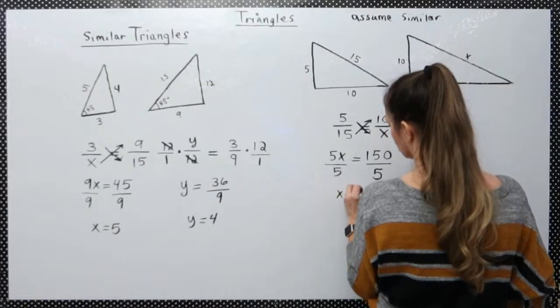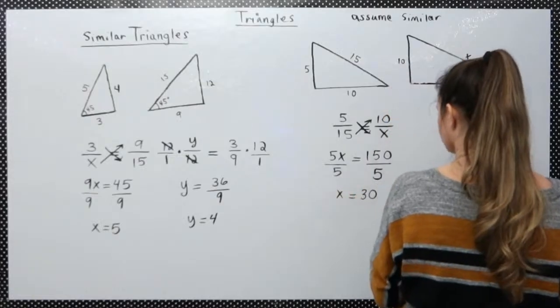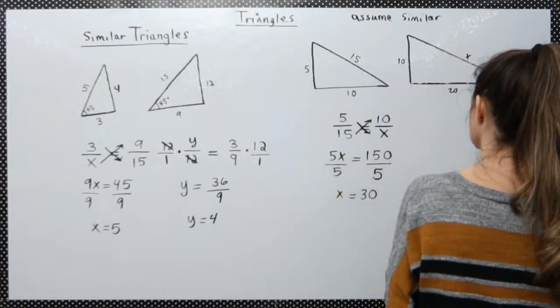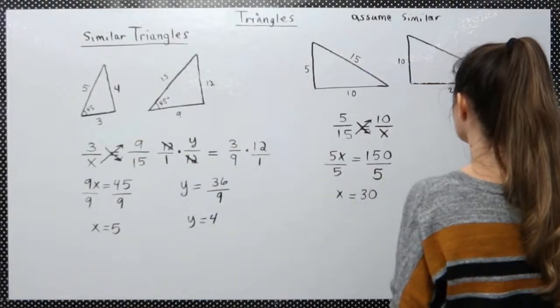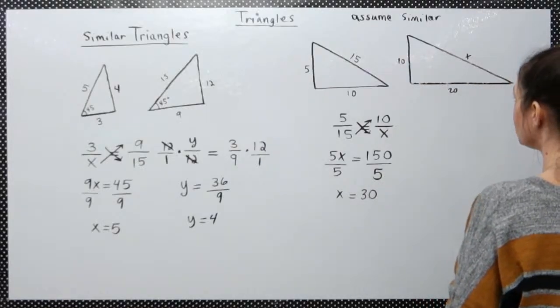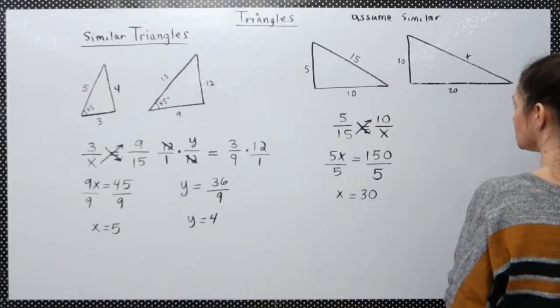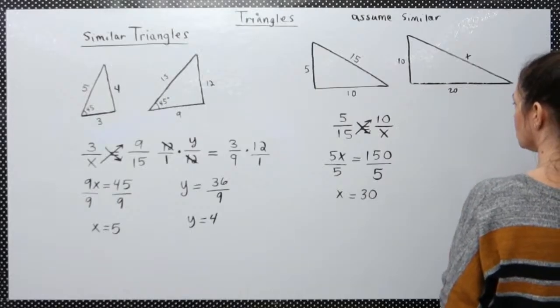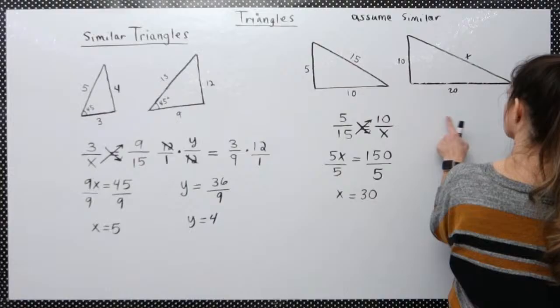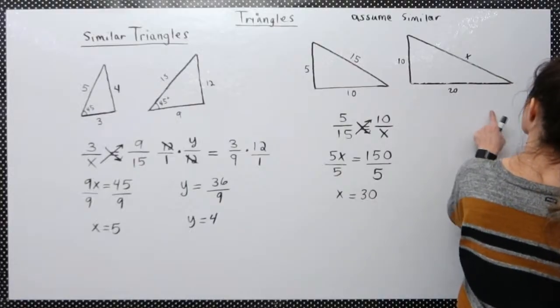X equals 30. Does that seem... Oh, well, we just made them proportional. So X would be the value that makes them proportional. Okay, interesting.